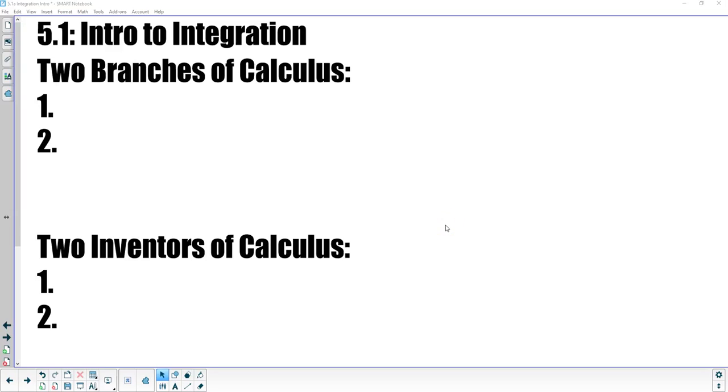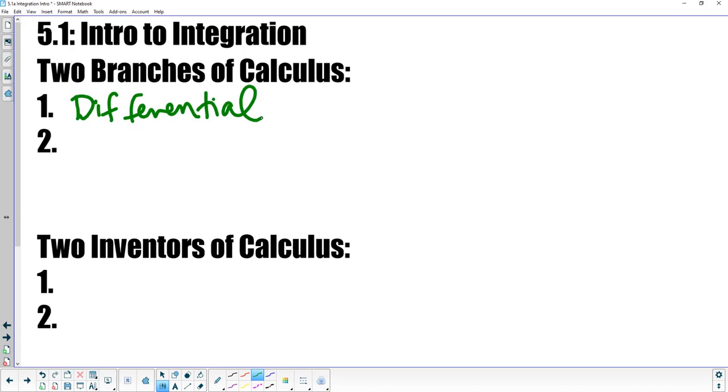We are going to start some integration. You don't need to write this down. You can if you want. But there are two branches of calculus. What did we deal with pretty much all last semester? Very good. The first branch is differential calculus, the study of derivatives.